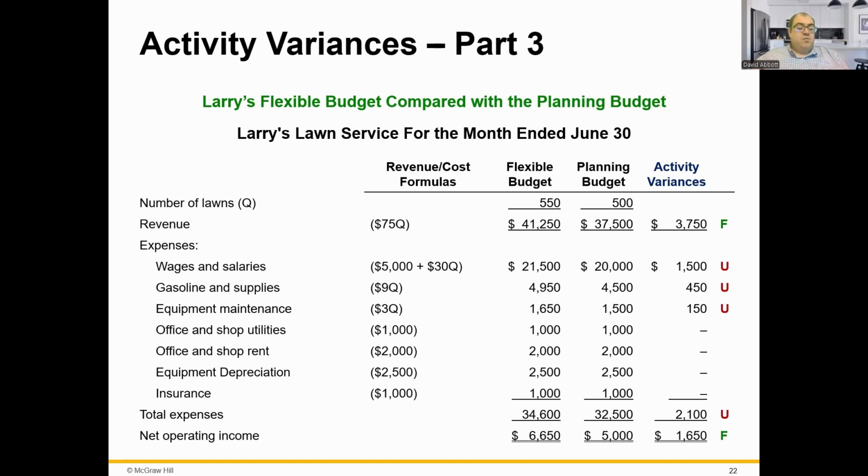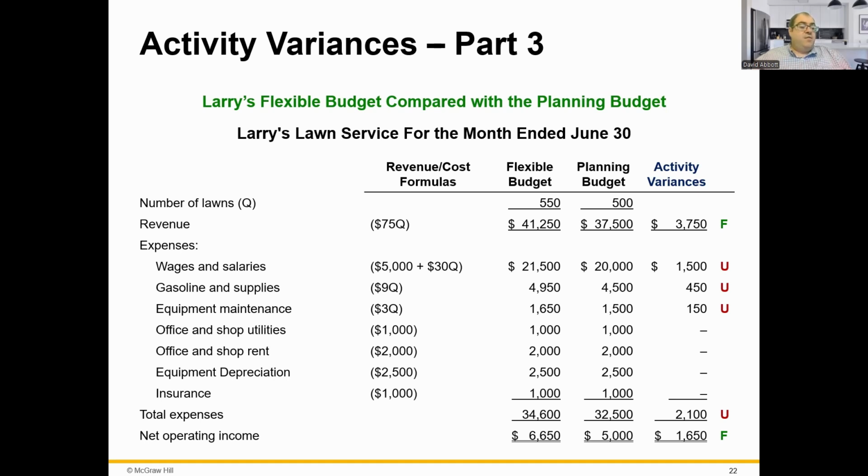The mixed cost, which is wages and salary, in the flexible budget is less than 10% higher because the fixed cost components of the mixed cost do not change when the activity level changes. So the salary portion doesn't change, only the wage portion does for our wages and salary.